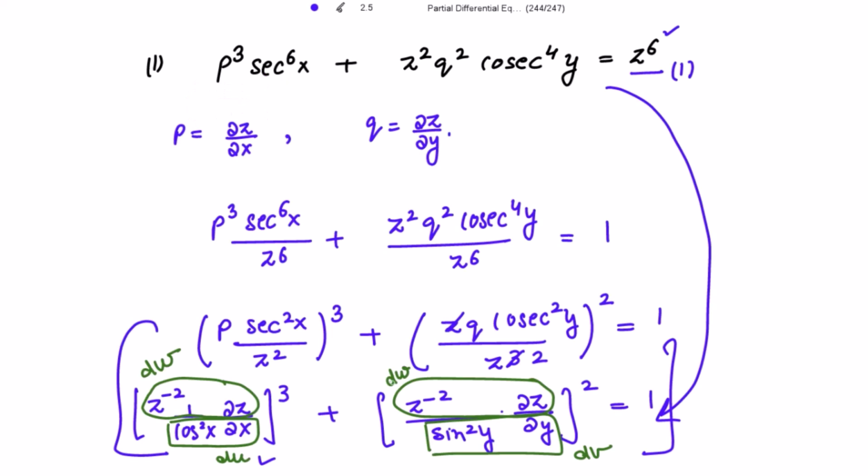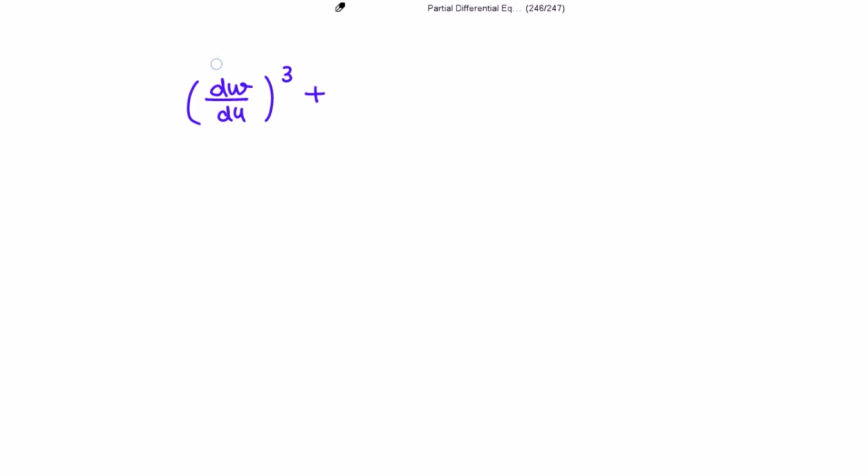And from the second term we have dw divided by dv. You must write here del w divided by del u, because we are partially differentiating w with respect to u, because here w is depending upon u and v, right? It is depending upon two variables. That is why we have to write here the partial derivative of w with respect to u, right?